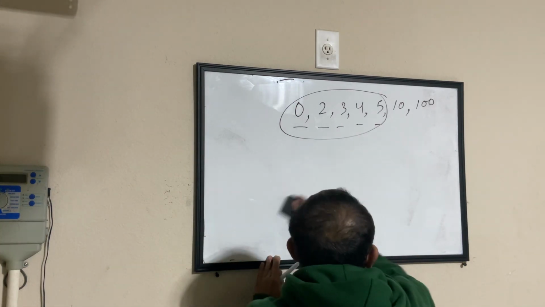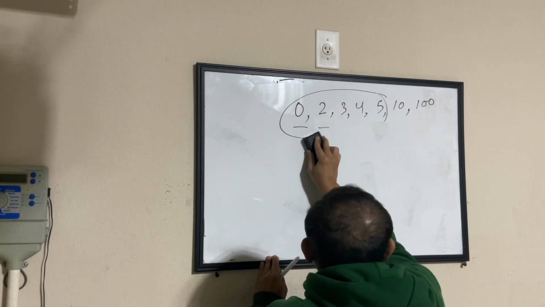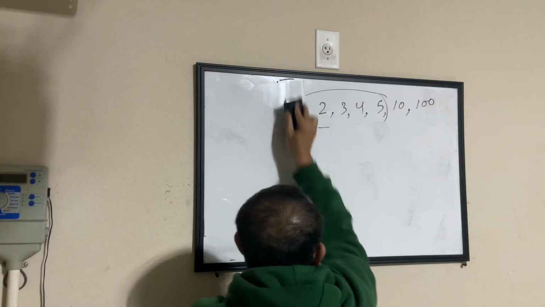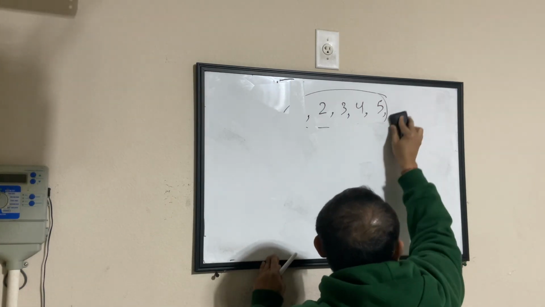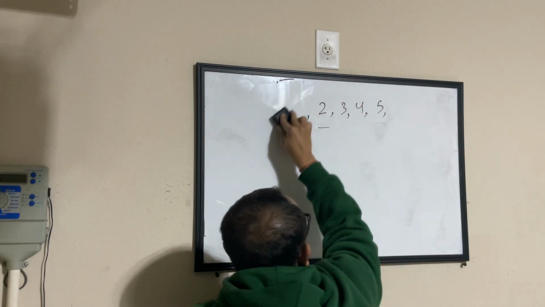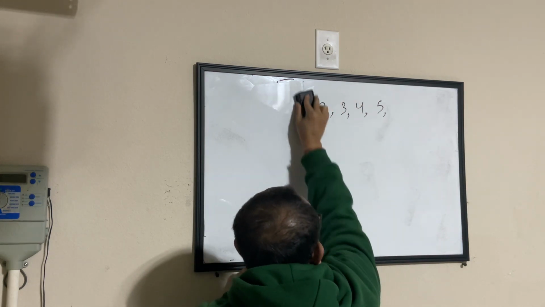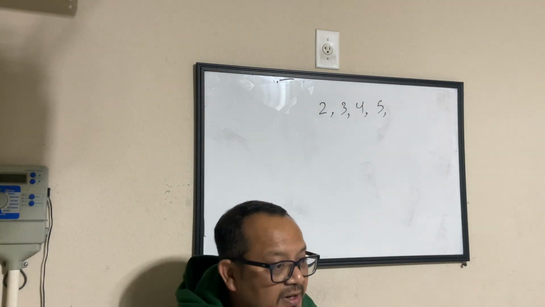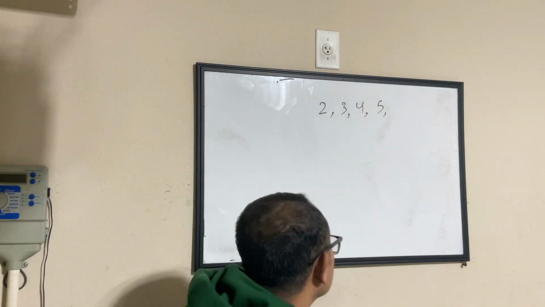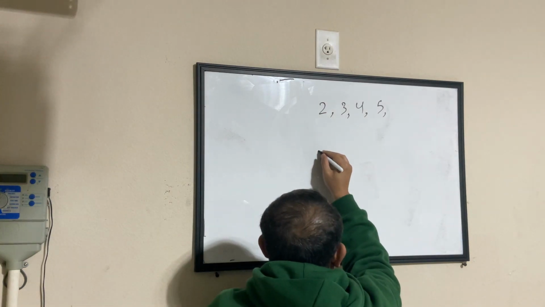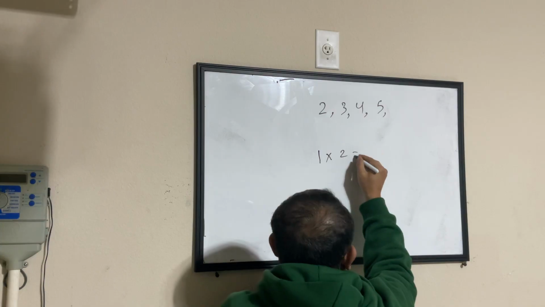Now, when you talk about multiplying, we did 0, we did 10, we did 100. Now let's look at what is remaining. If I talk about multiplying something by a 2, what happens? 1 into 2, everybody knows 2.